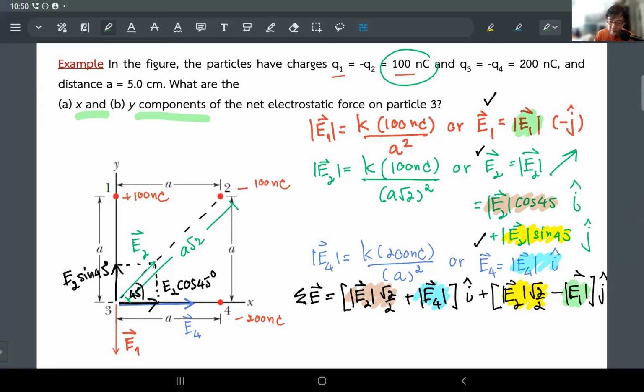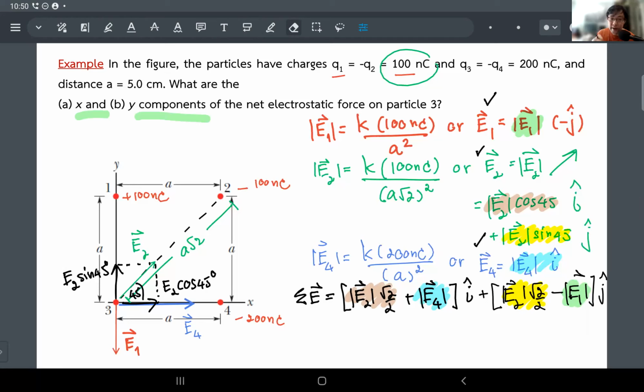Now, the final step is going to be super easy. You bring back the charge that you eliminated in the first step. There you go. Now I just place back Q3 at the origin.